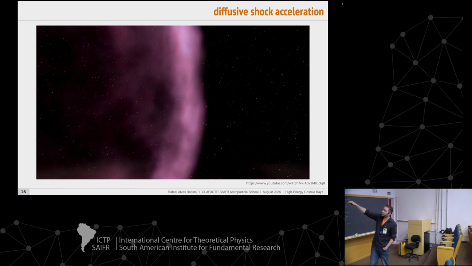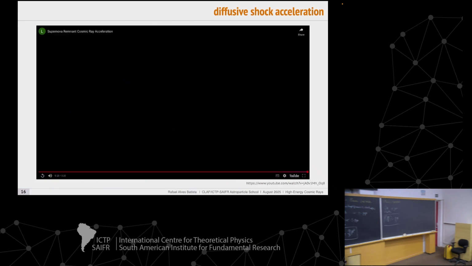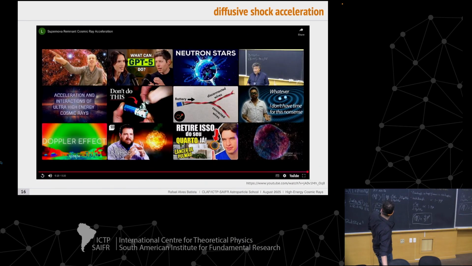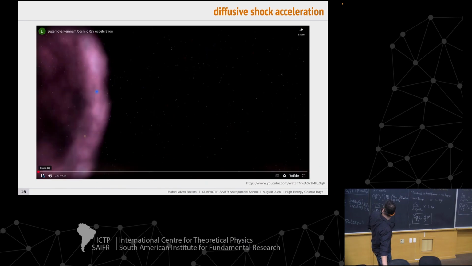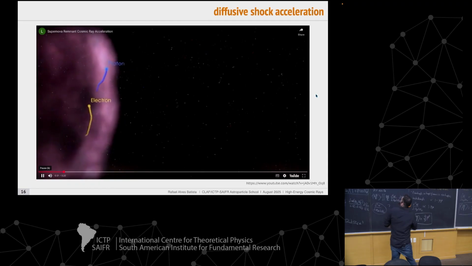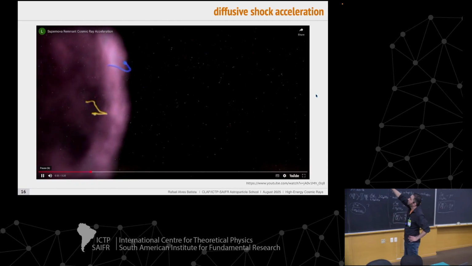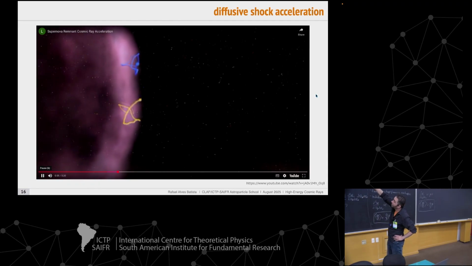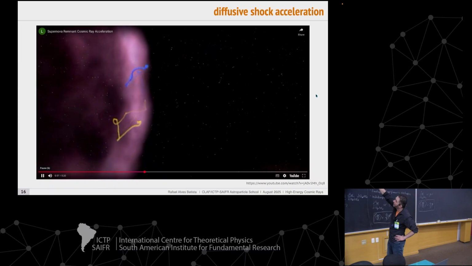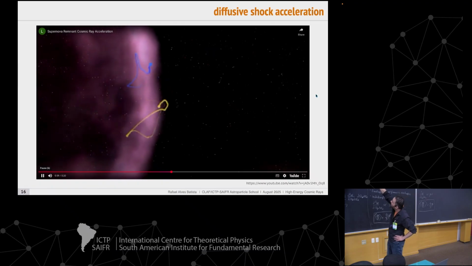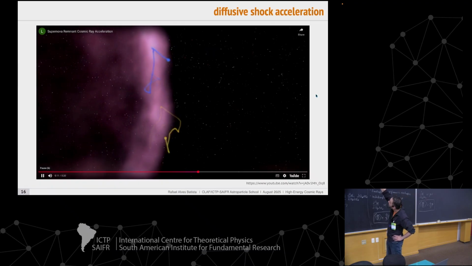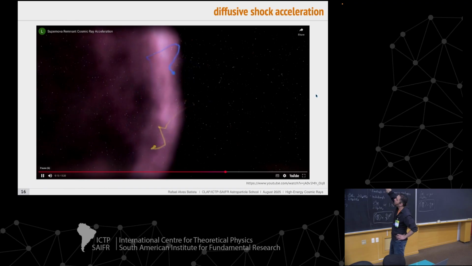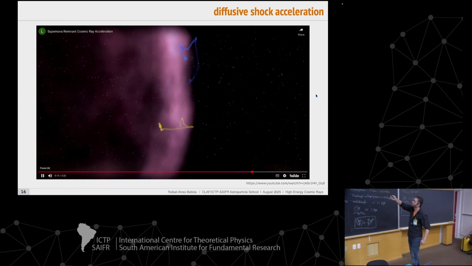It kept bouncing back and forth. Let me just play it again. So we have an electron, a proton. The shock is here. The particle is on the other side of the shock, the upstream. It goes there, but not really. It comes back. So it keeps moving around this interface of discontinuity.